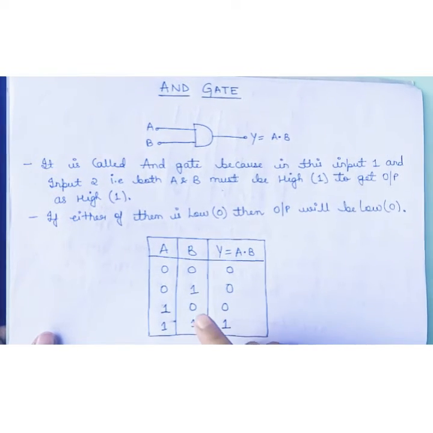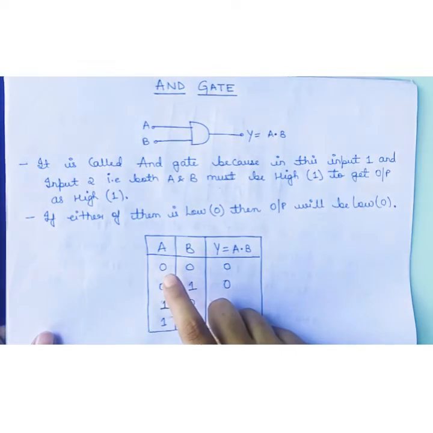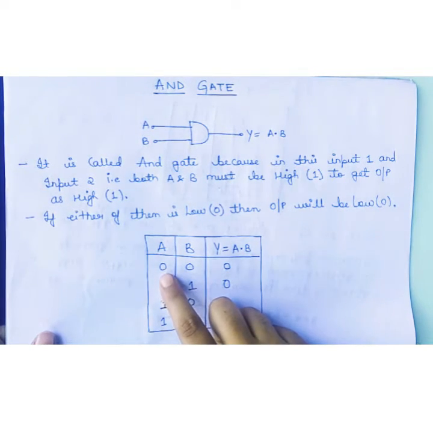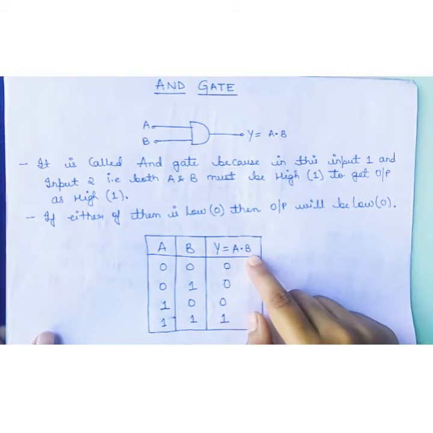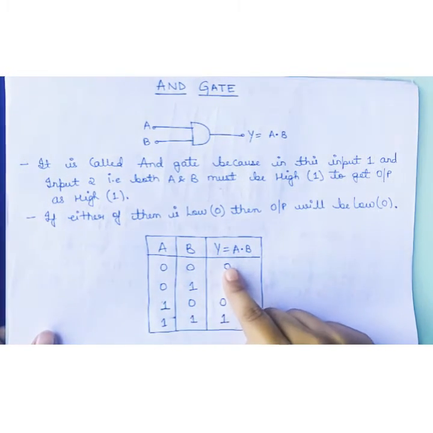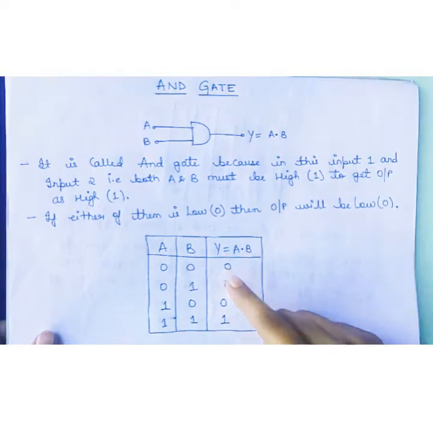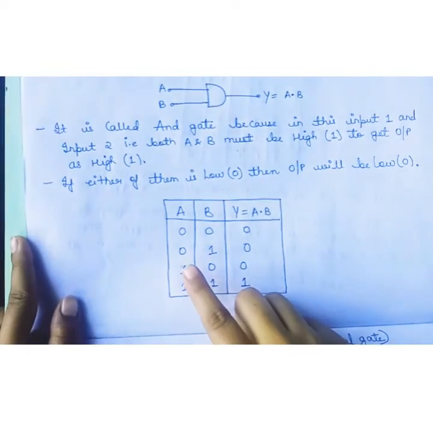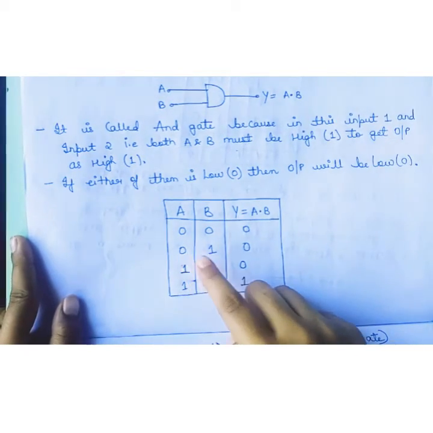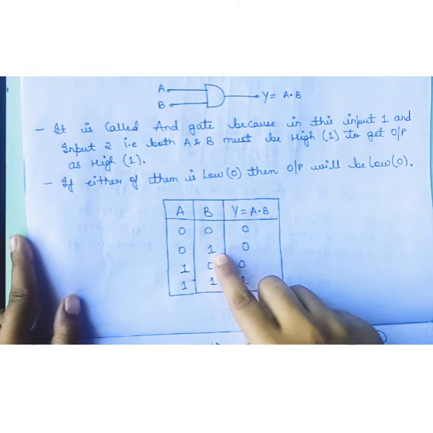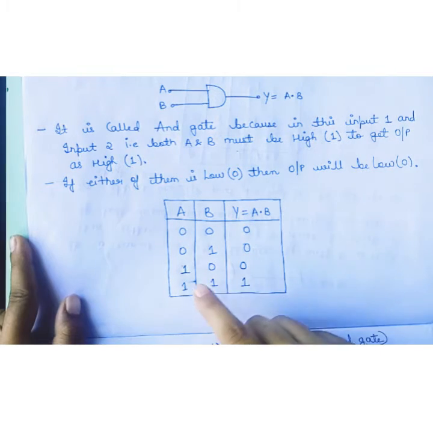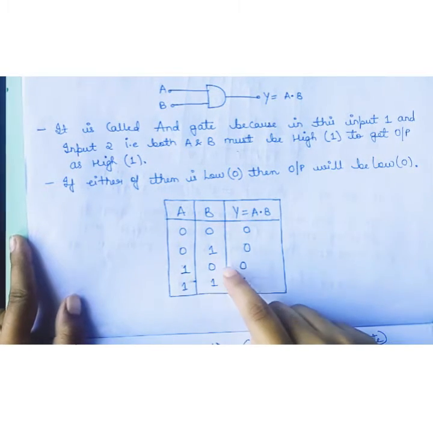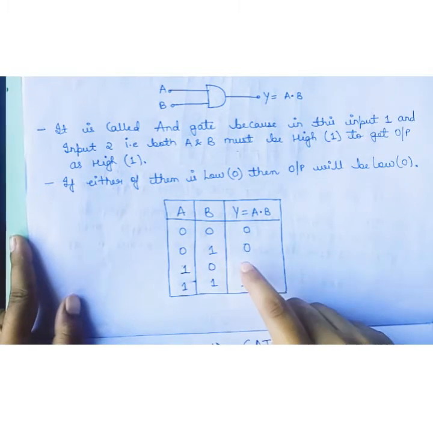Here you can understand this through the truth table. See, here the input A is given as 0 and B is also given as 0. So A into B, that is 0 into 0, is 0. So the output is low. Next, if we give input A as 0 and input B as 1, then also 0 into 1 is 0. So again output is low. Next, if we give A as 1 and B as 0, then 1 into 0 is 0.